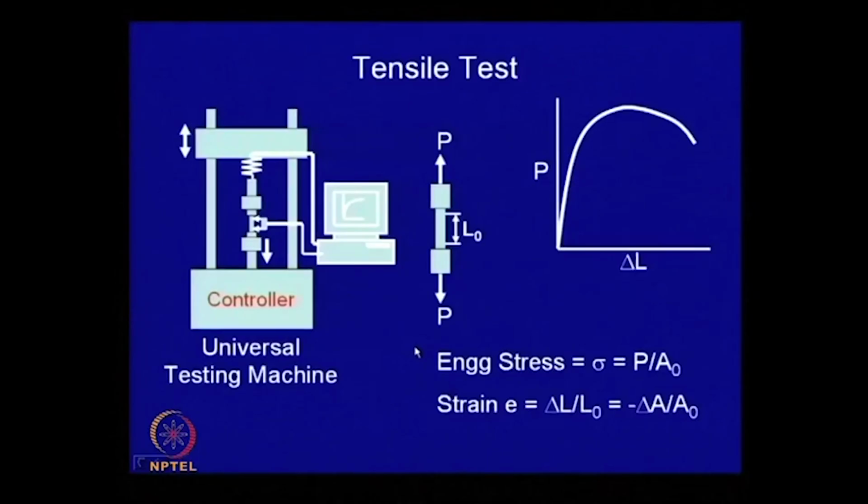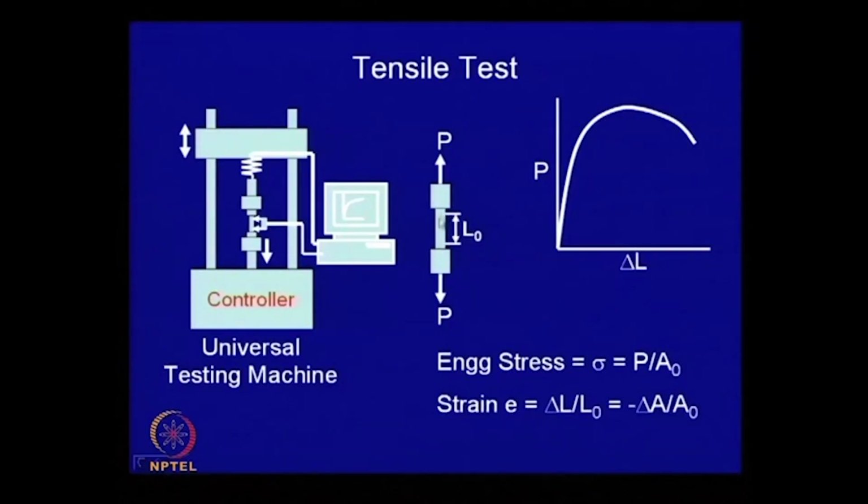Now, let us look at tensile test in a little more detail. How do you perform a tensile test? For this you need a specimen which is shown over here, a typical shape of a specimen. So, this is the gauge length portion of the specimen which has uniform diameter or uniform dimensions, width and thickness if it is flat.